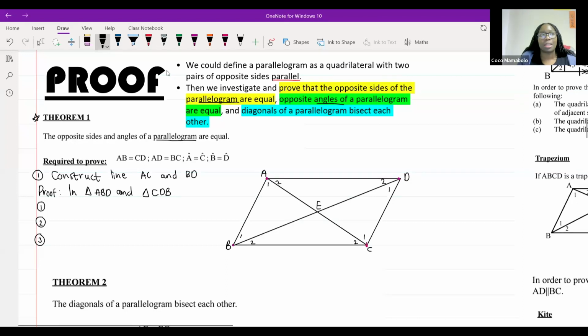So what that tells me is, in my drawing, AD is already parallel to BC, and AB is parallel to DC, because we're proving the other properties of a parallelogram, and we've already been told that a parallelogram has opposite sides parallel. Whenever we see parallel lines, what should we be thinking, guys? Fun angles. Good, we're thinking fun angles.